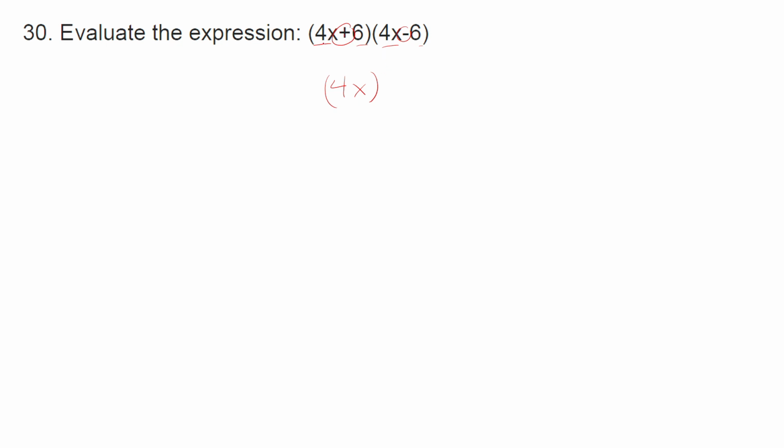And then we have the same 4x, 4x, 6 and 6. So squared, 6 squared. What's 4x squared? That is 16x squared. 6 squared is 36. So just copy them. So 16x squared, 36. And then just put minus. That's it. That's the answer.